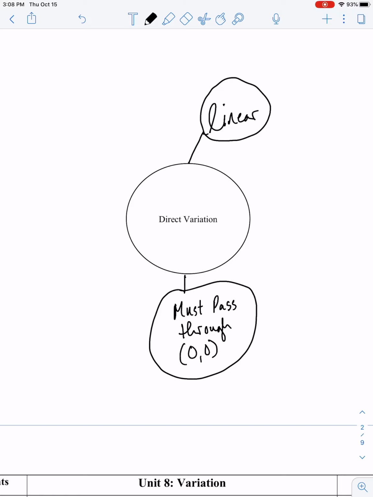And that's really it. It can have a positive slope, or it could have a negative slope. Again, as long as it passes through the point 0, 0 and it looks like a line, it is direct variation.